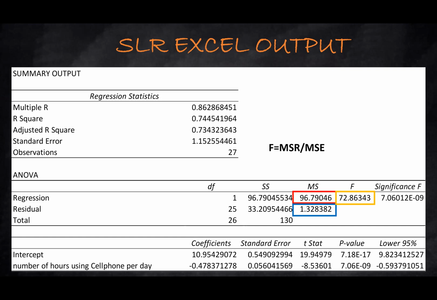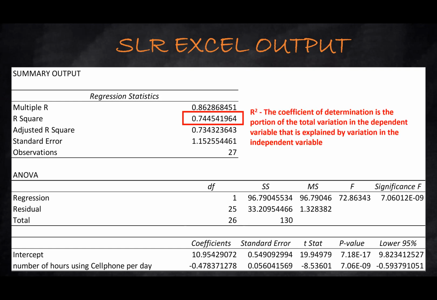The next items that I would like to go over are the R squared, the multiple R, and the standard error. Let's start with the R squared. The R squared is the coefficient of determination, and is basically showing us the portion of the total variation in the dependent variable that is explained by the variation in the independent variable. The larger the value, the stronger the relationship we exhibit.